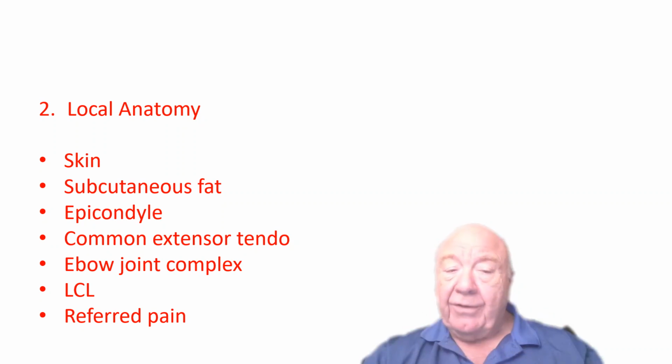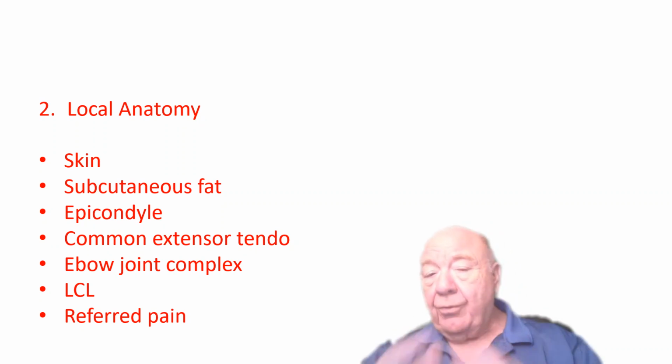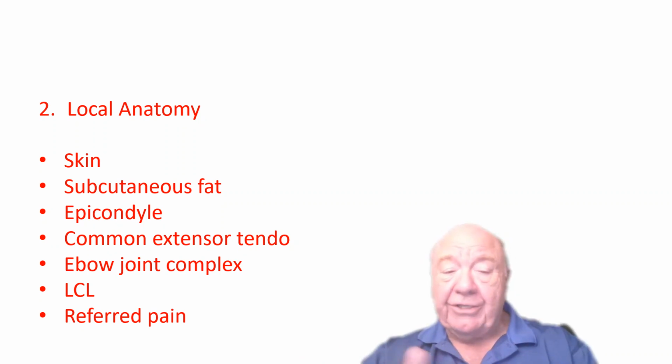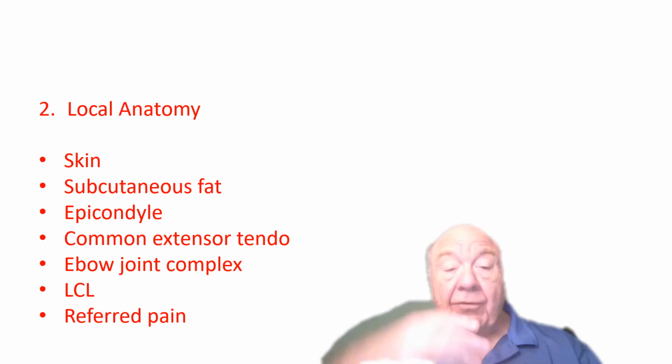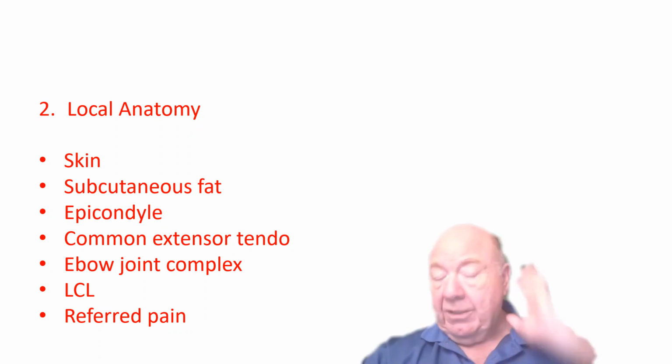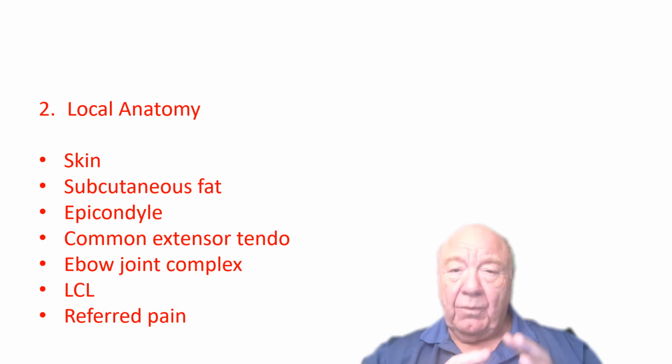The joint itself, radial head, ulno-humeral joint, all of this can give lateral elbow pain. The lateral collateral ligament, traumatic or a degenerative tear. And of course, it may be referred as well, causing the lateral elbow pain. So all of this has to be considered when you're making a hypothesis.